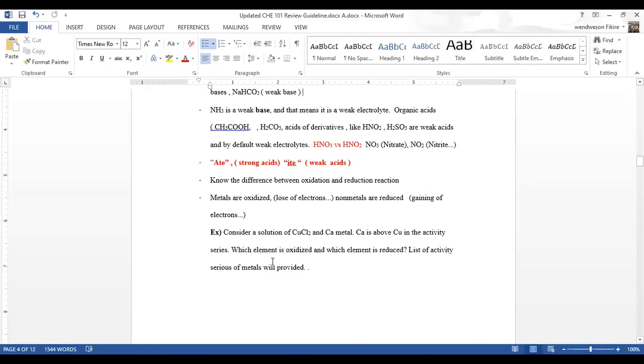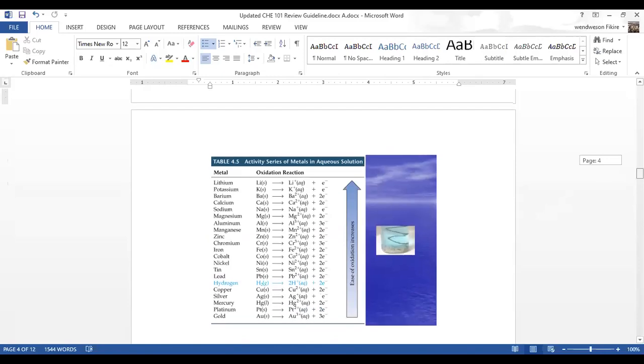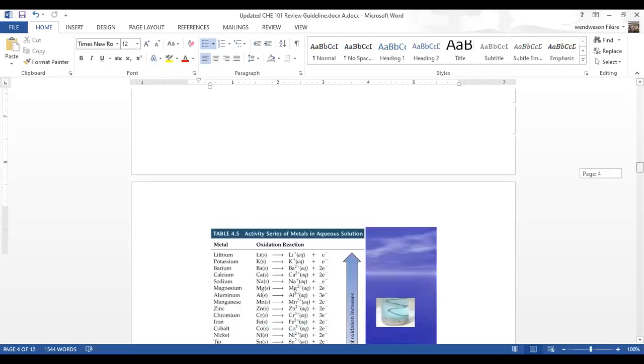So in this case, we need to identify which of the two metals will be oxidized and which element is reduced. In order to answer that question, I have a list of the activity series of metals in aqueous solution. This series would help you with the question asked here on the top.